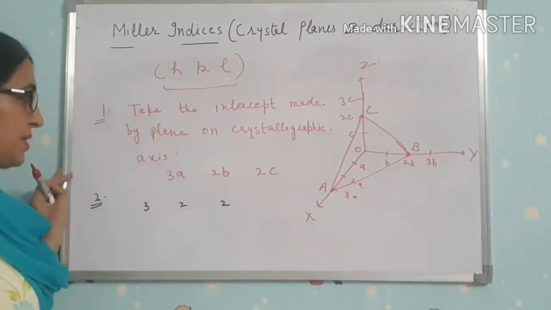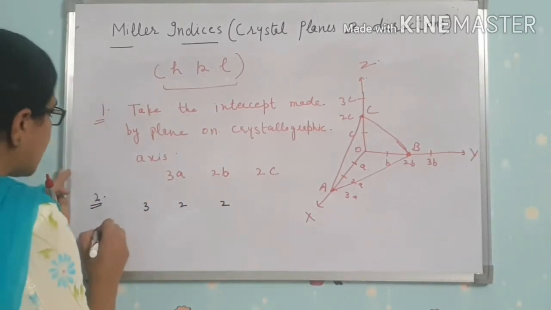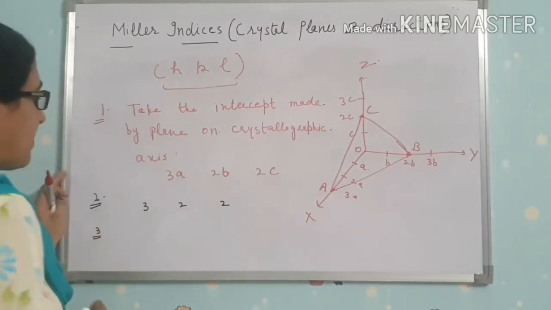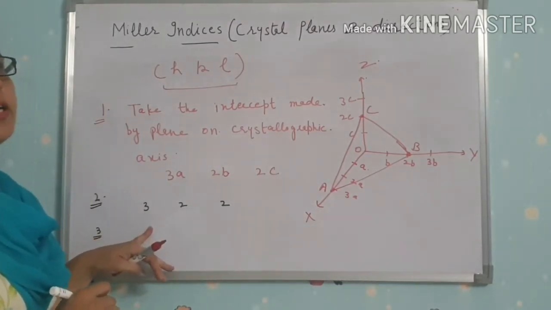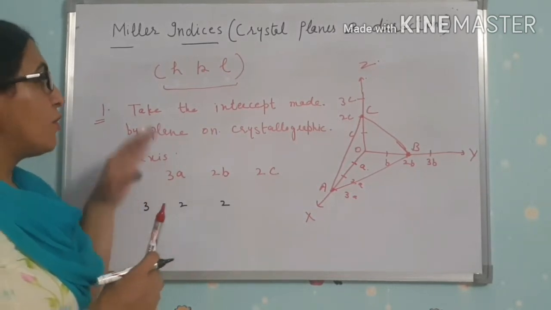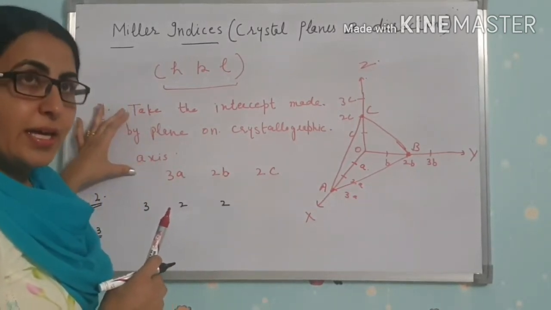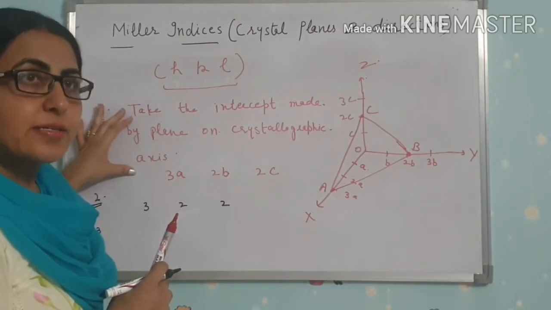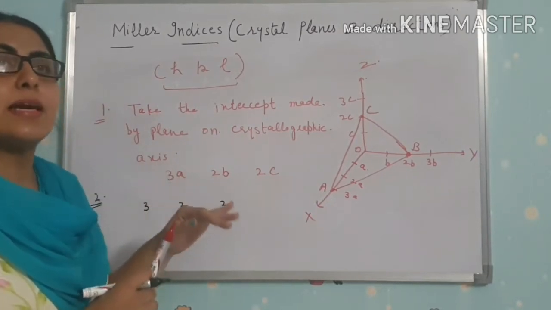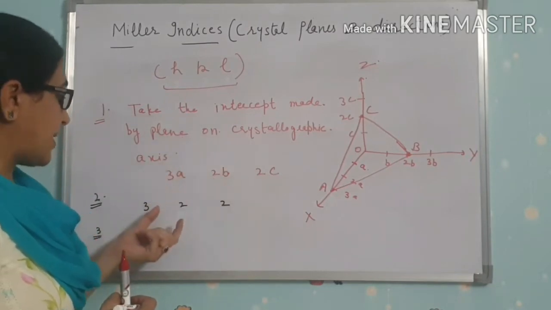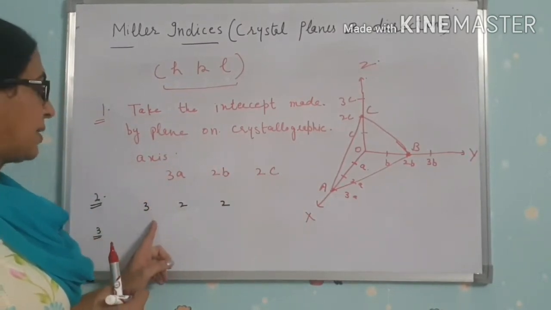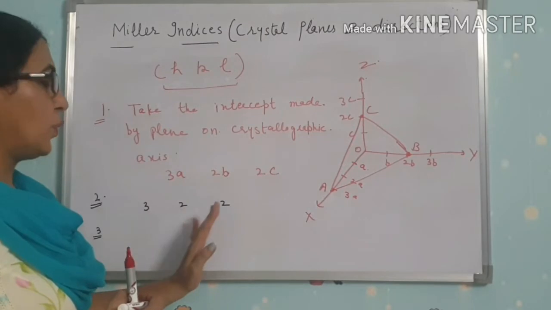Clear? Then what is the third step? The third step is to take the reciprocal of the intercepts. This is very important. First we take the intercepts made by the plane on the crystallographic axes, or the coordinates of the intercepts. Then the second point is to take the multiples of A, B, C, 3, 2, 2.